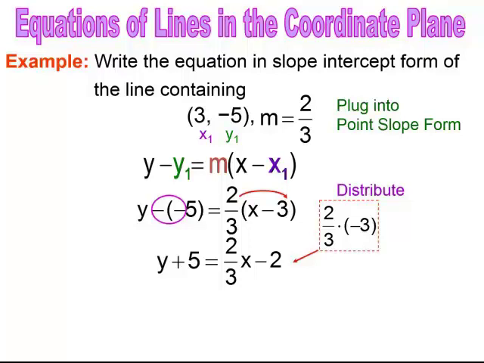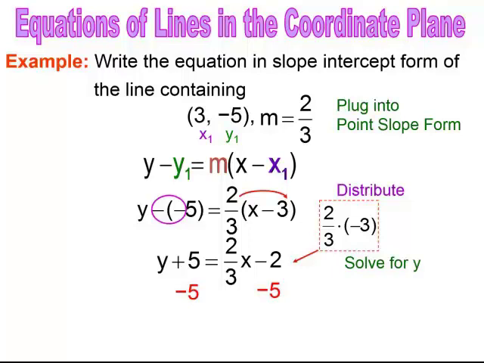So notice that the 2/3 times -3 over 1, the 3's would cancel and you'd be left with 2. So you end up with a -2. So that's where that's coming from. And now you still need to solve for y, so you need to get y by itself, which means you have to move that +5 over to the other side of the equal sign, and to move it, you're going to do the opposite, which is subtract.